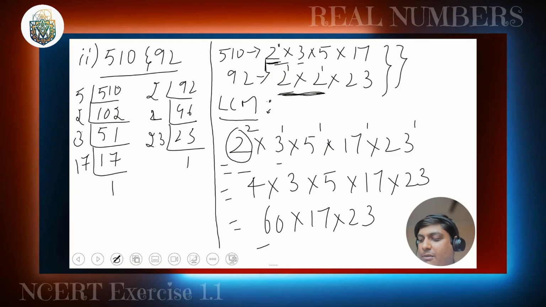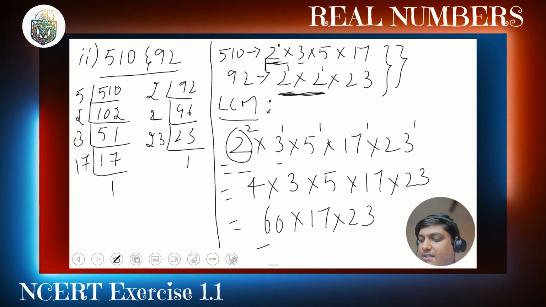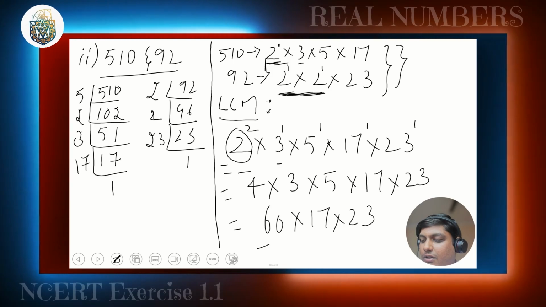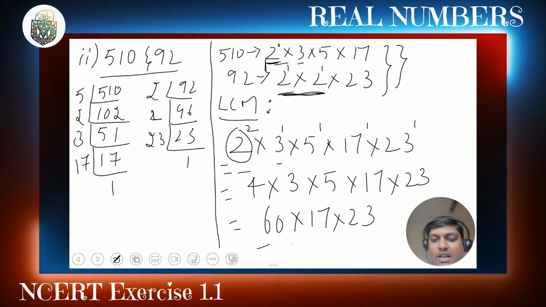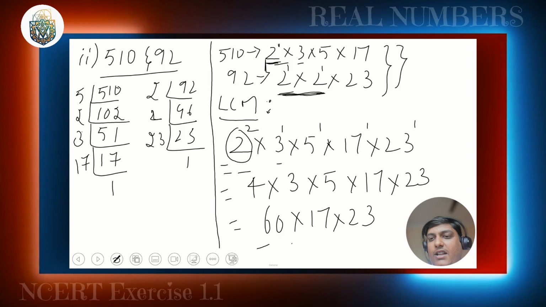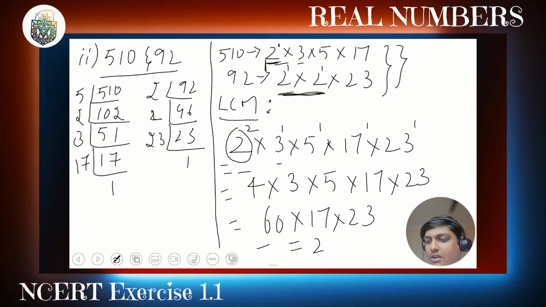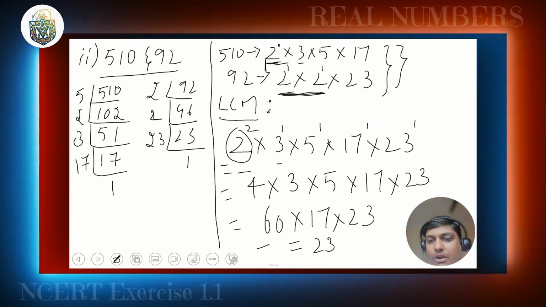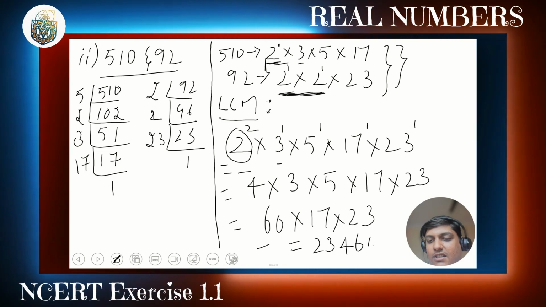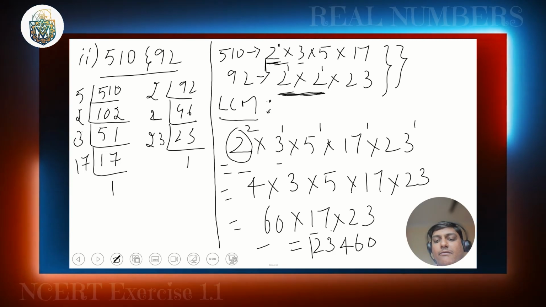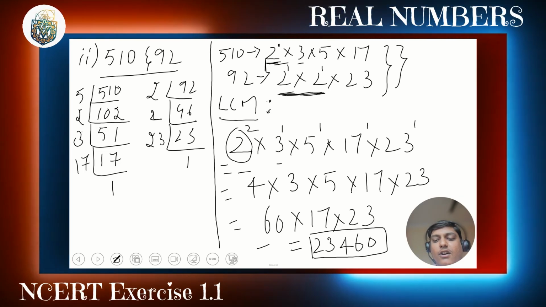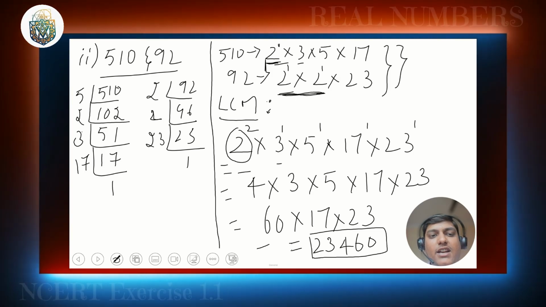Please comment below what is the answer for this. Okay, 20 into 13, so it is basically 23,460. So this is the LCM value for the two numbers 510 and 92.